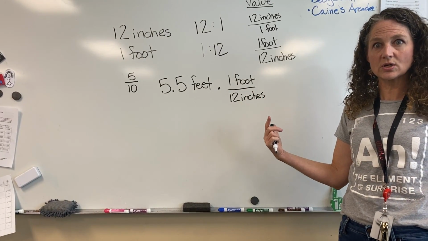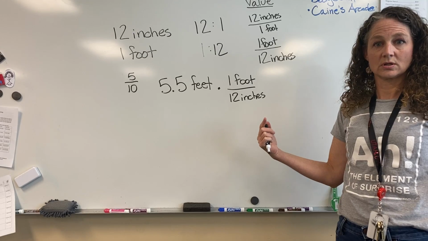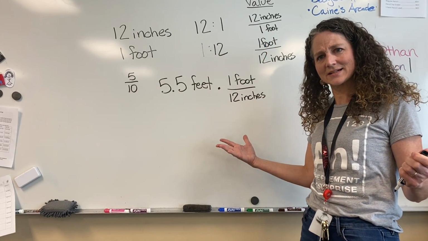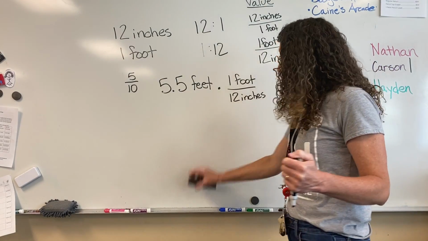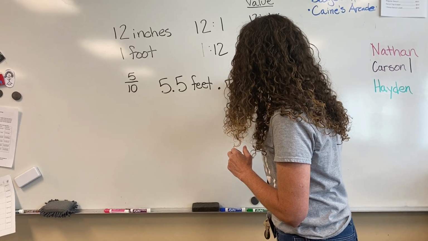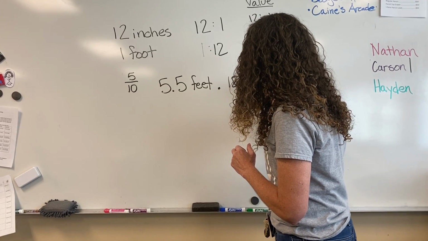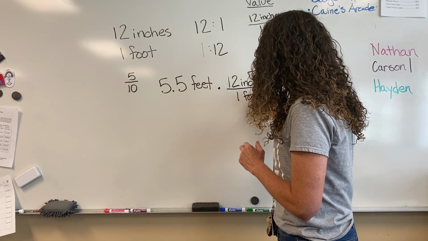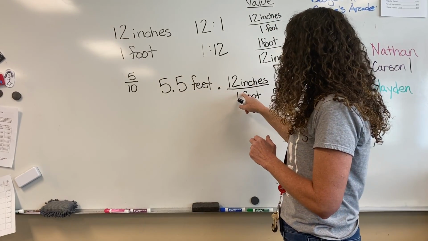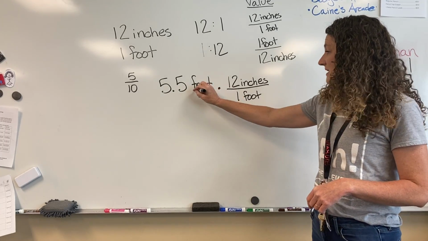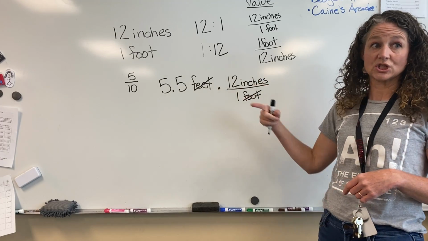Which one do I use? 12 inches for 1 foot. How do you know that? Okay, so look. If I use 12 inches per 1 foot, I get foot divided by foot. What happens if I have foot divided by foot? They cancel, and I'm just left with the inches.